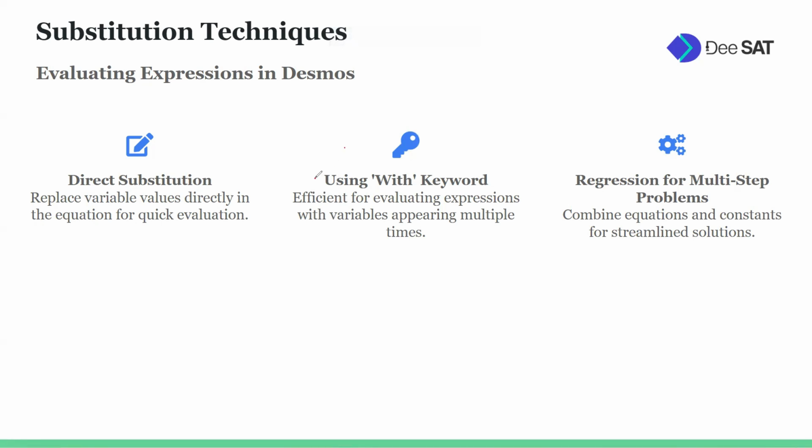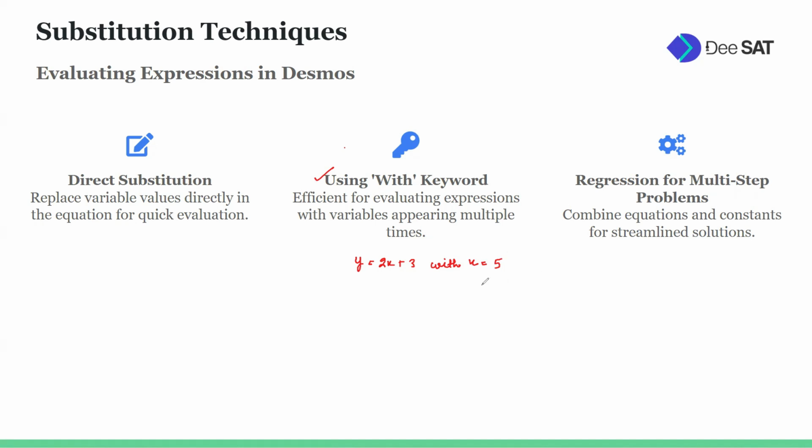The second one is using with keyword. This is useful when the variable appears multiple times in an equation. In Desmos, you can use the with keyword by typing something like, for example, I'm saying y is equivalent to 2x plus 3. I need to find the value when x is 5. So I'll write with x equivalent to 5. So I need to put this thing directly in one equation.